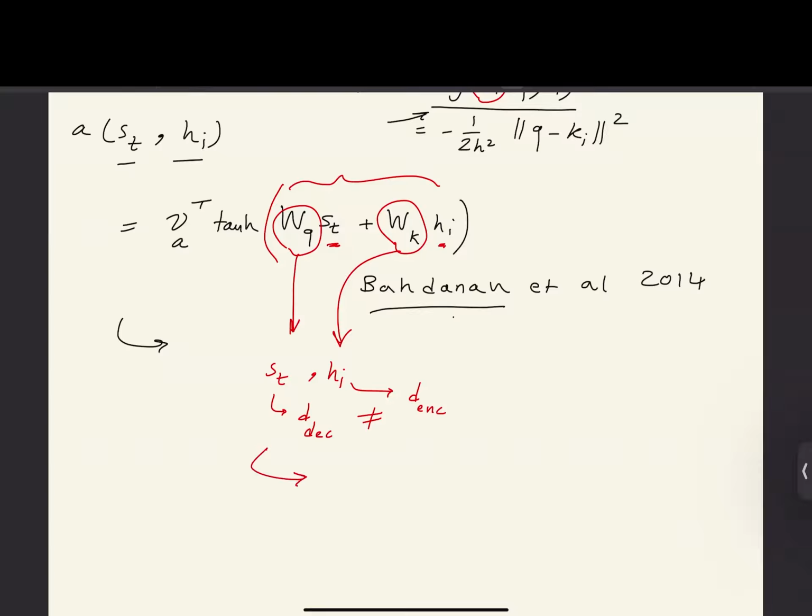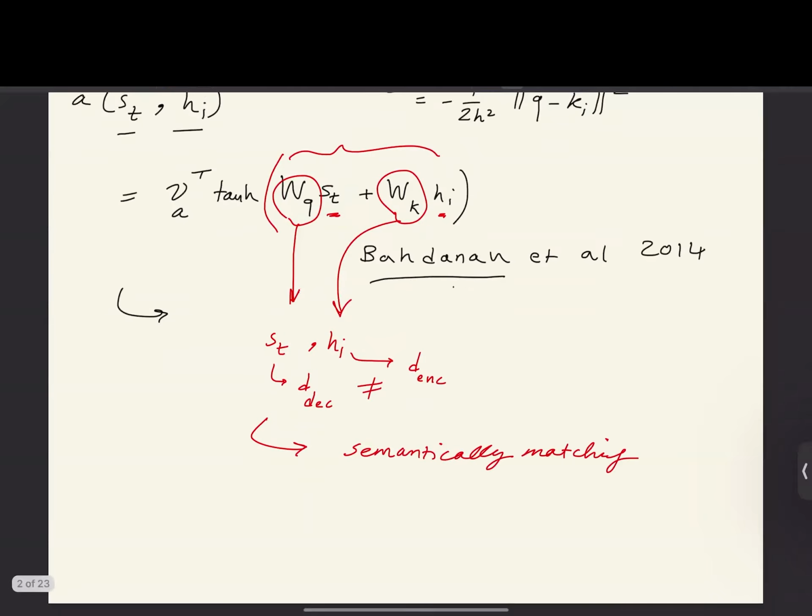So you can imagine that this rotates and scales both S_t and h_i in a way that they are semantically matching. Then it injects some nonlinear interaction using the tanh between the projected vectors, which enables a richer non-bilinear matching, beyond, let's say, a dot product or a cosine similarity.